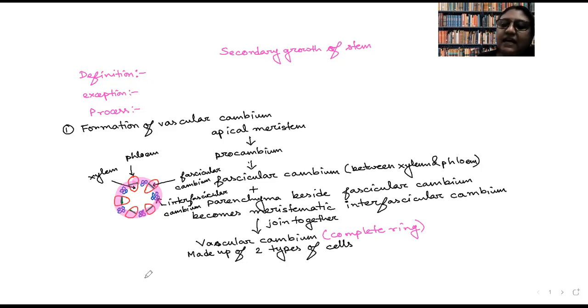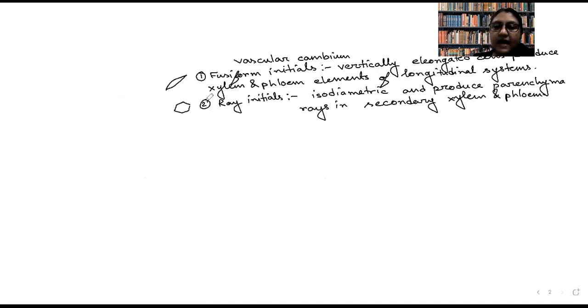And these rays are formed by whom? The ray initials. So you should know the difference between these two structures. You should be able to understand that vascular cambium can be divided into two types of cells. One is fusiform initial, responsible for production of secondary xylem and phloem, and second is ray initial.